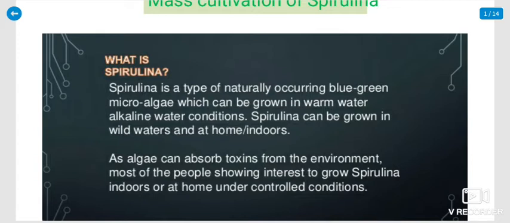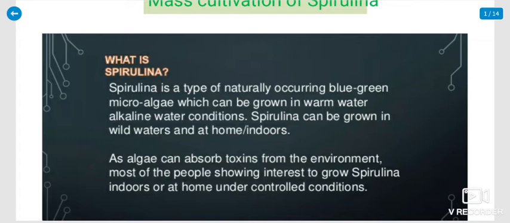Spirulina is a type of naturally occurring blue-green algae which can be grown in warm, alkaline water conditions. It can be grown in wild waters, at home, and sometimes indoors also.